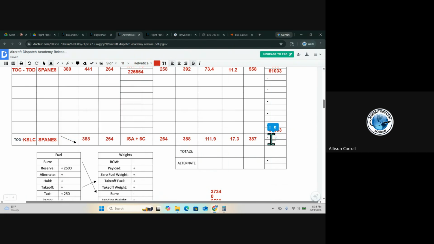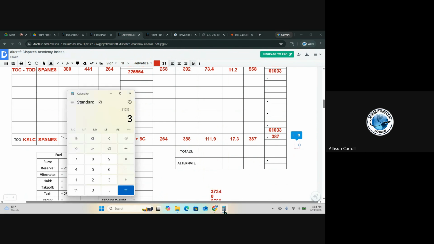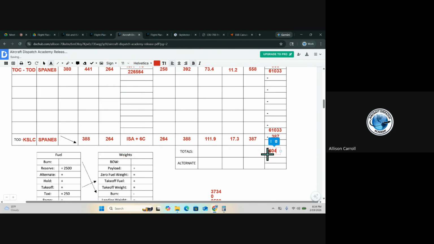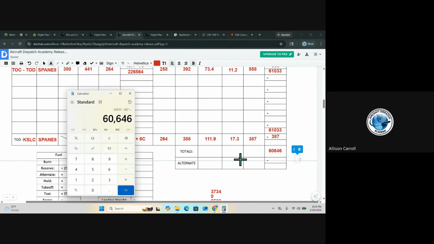We are going to subtract this descent burn now. Okay, so 60,646. There is our landing weight, our estimated landing weight.